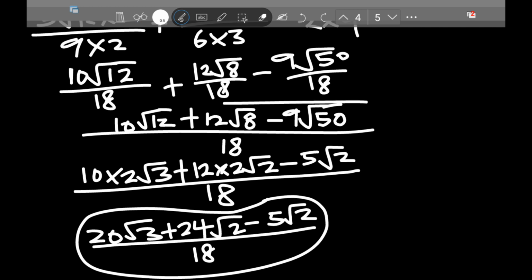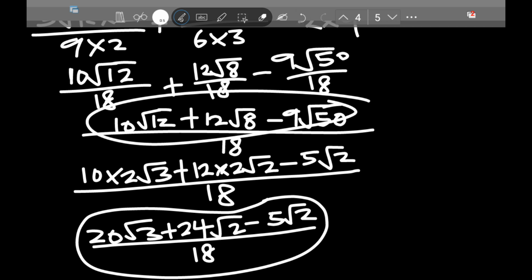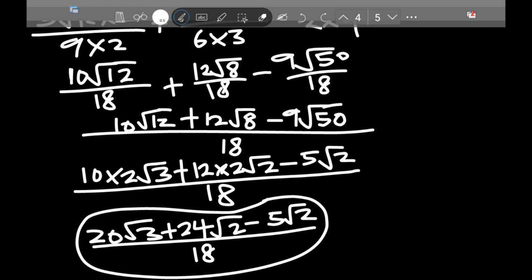After that, we looked to see if we would be able to factorize the expression here, but we couldn't, and so that's why we left our answer in this form. We multiply this 10 and 2 together.